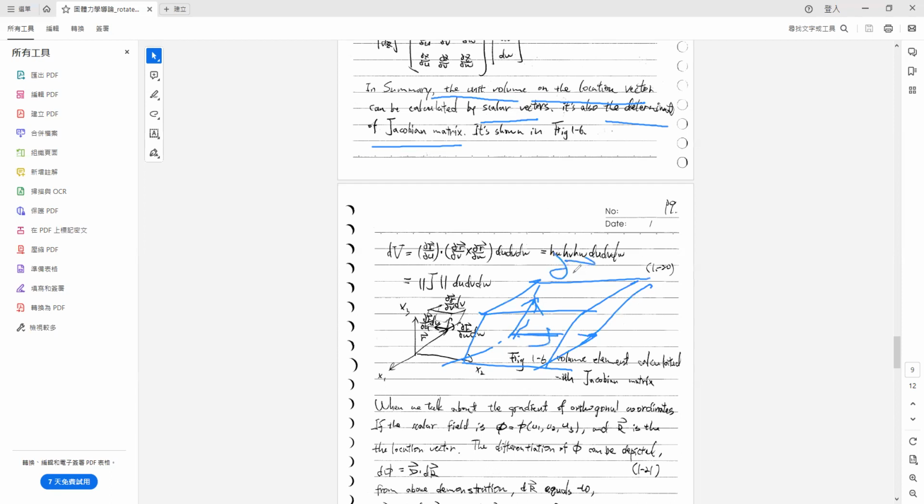This direction is delta vector R, delta V dV. This direction is delta vector R, delta W dW. This direction is delta vector R, delta U dU. So when we cross, sorry, I got it wrong. It's here.